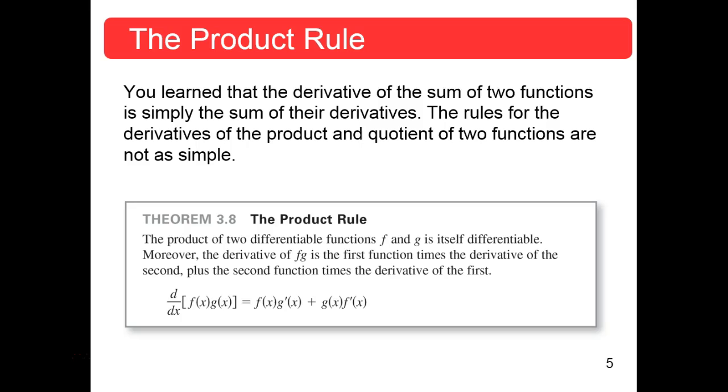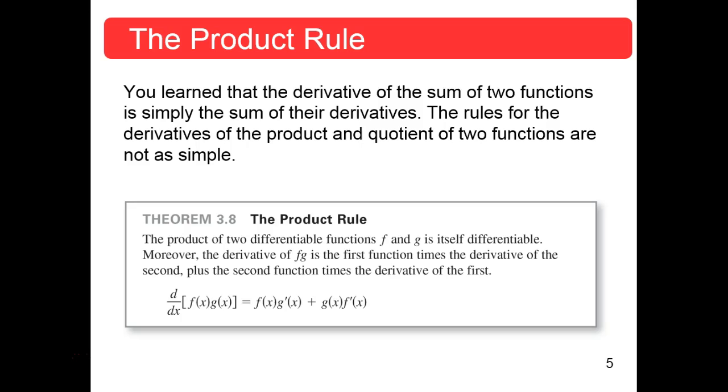So here's the product rule. d by dx, don't you like saying that, of f of x times g of x, is f times g prime plus g times f prime. And guess what? It works just as well to say g times f prime plus f times g prime, because multiplication is commutative and addition is commutative.